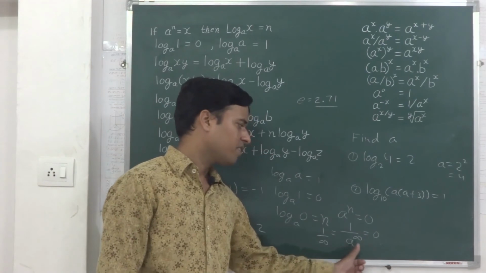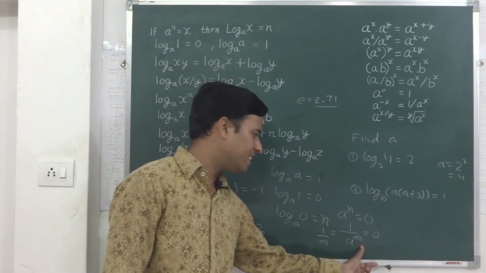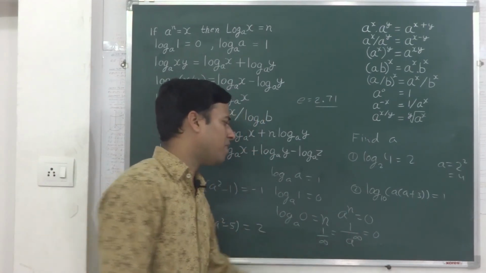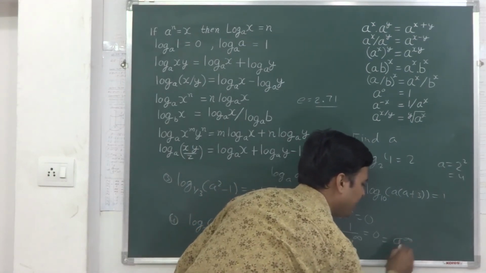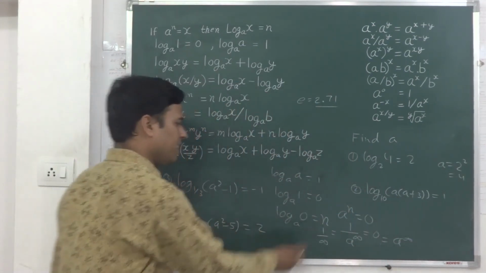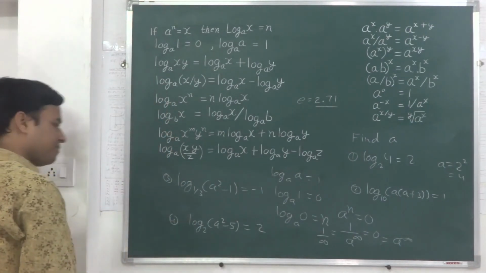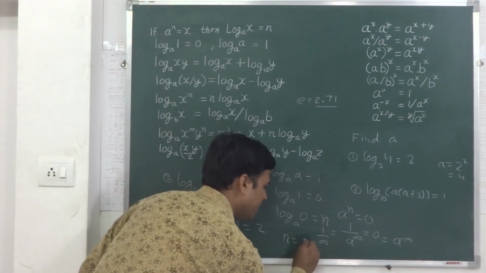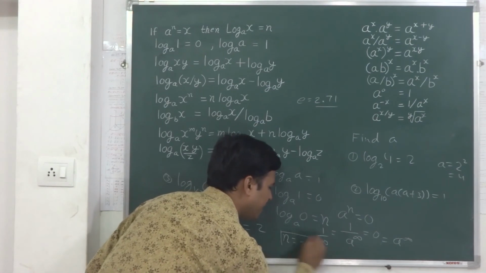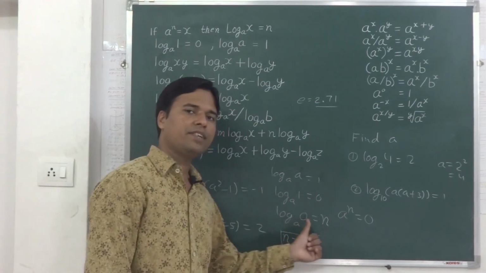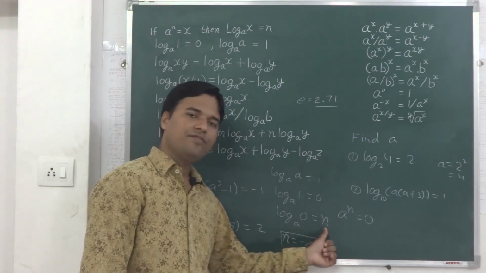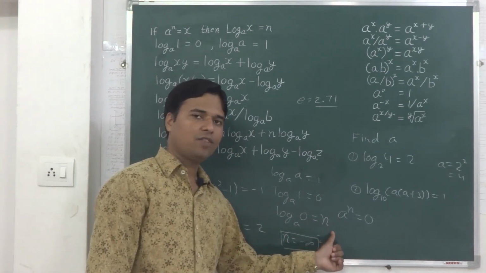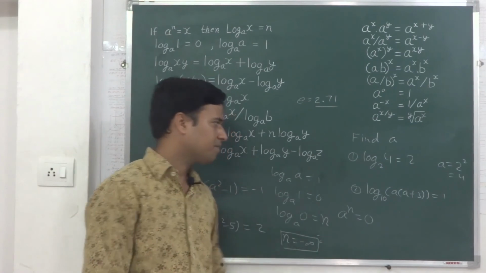Then the power is infinite here. So 1 upon a power infinite can be written as a power minus infinite. So the number n is nothing but equal to minus infinite. The logarithmic value of 0 having a non-zero base is equal to minus infinite.